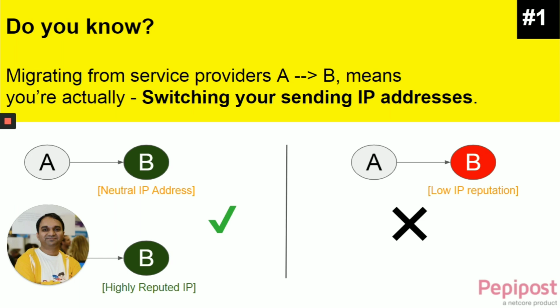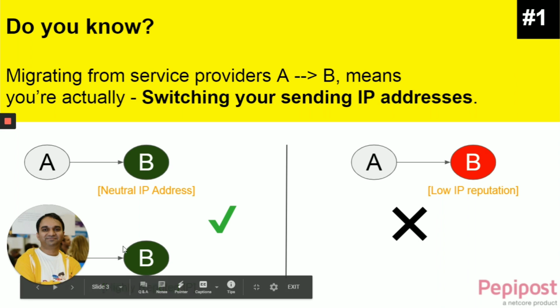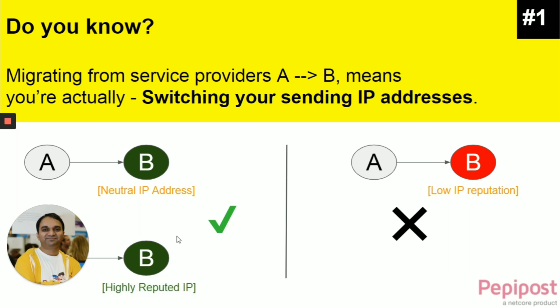Here I have shown you two examples. Let's take the scenario where you are shifting from vendor A to vendor B. If the IP address of vendor B is neutral, then it's okay. If it is positive, a highly reputed IP, then also it's good.